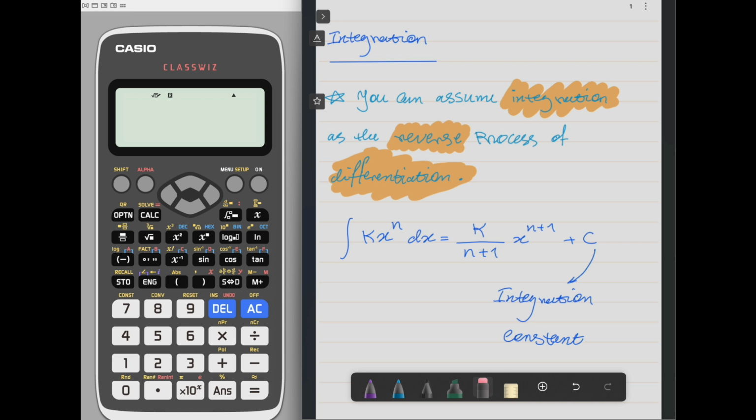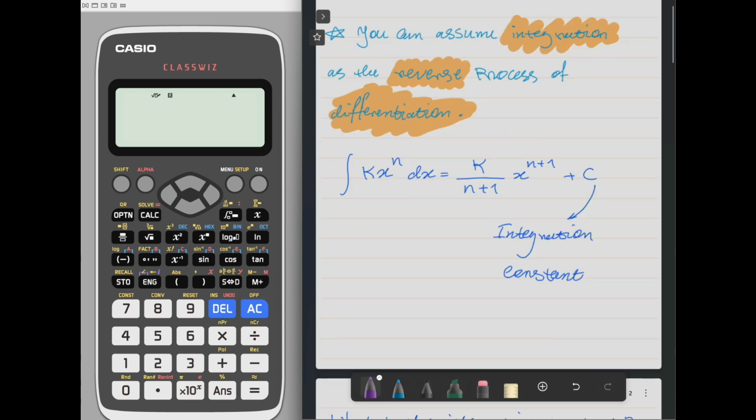So you can assume integration as the reverse process of differentiation that we talked about earlier. In general, the integration of k times x to the power of n with respect to x is going to be k over n plus 1 times x to the power of n plus 1, plus c.